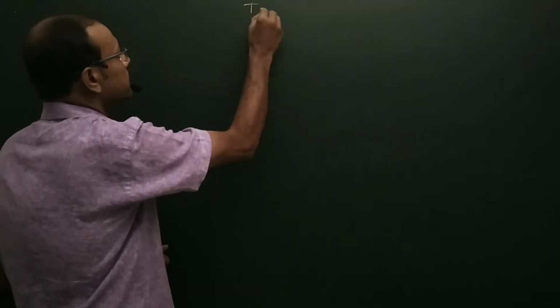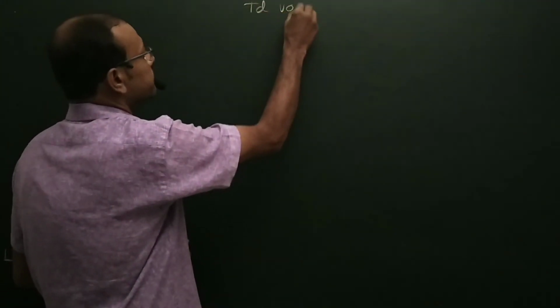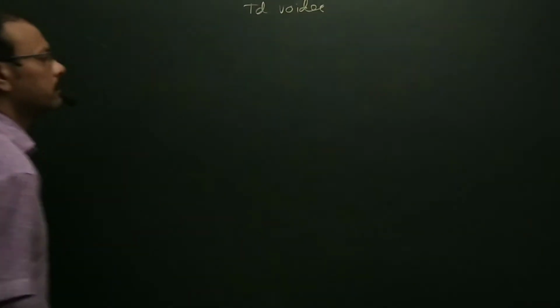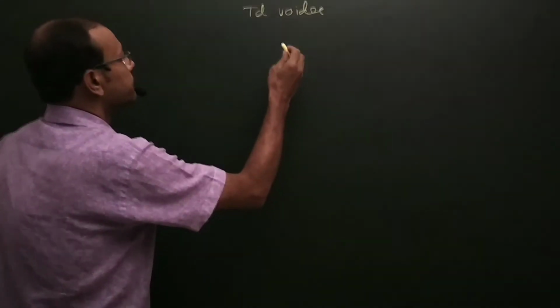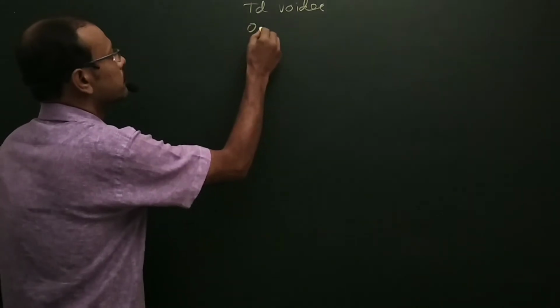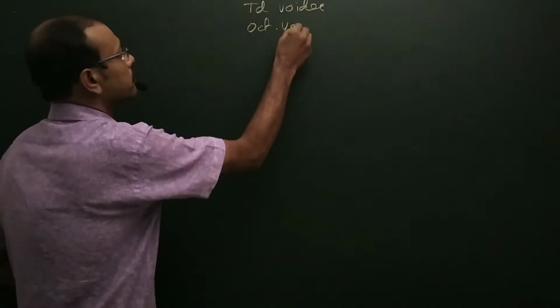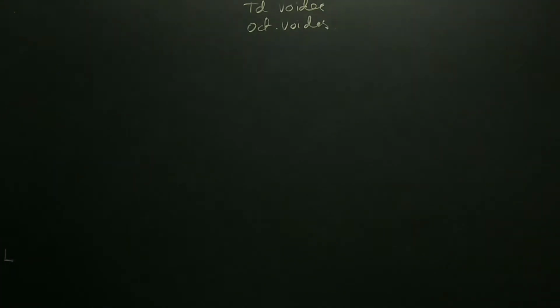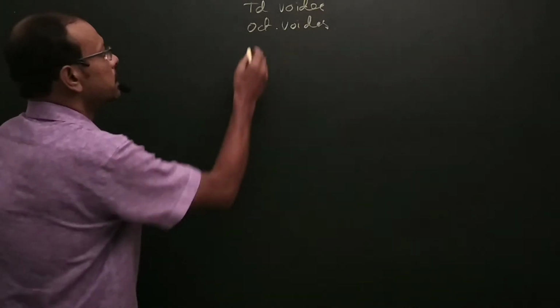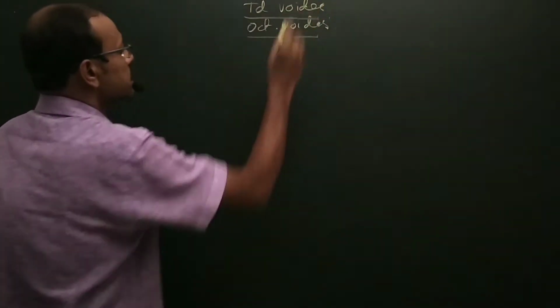Now voids are of two types. Those are tetrahedral voids, which I am denoting by TD voids, and octahedral voids. So you see, these two types of voids are there.